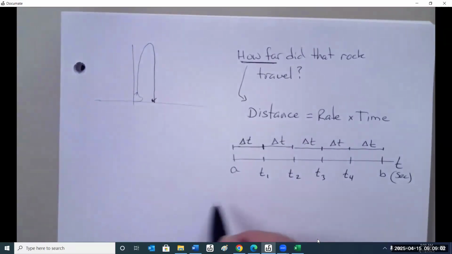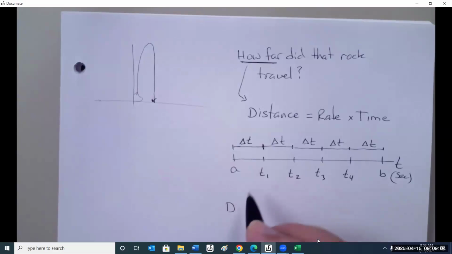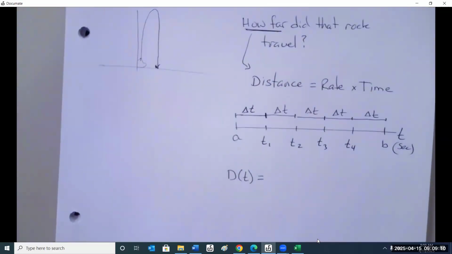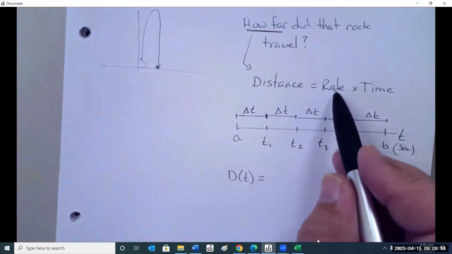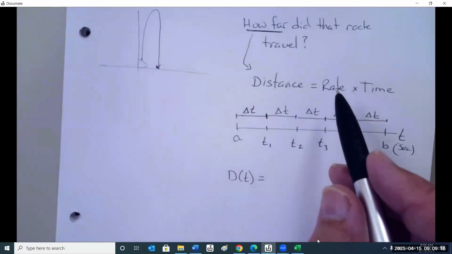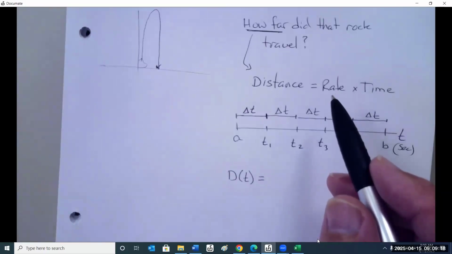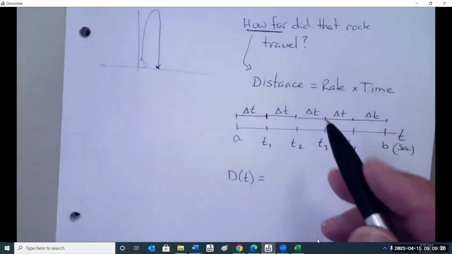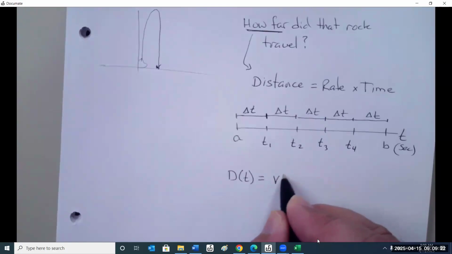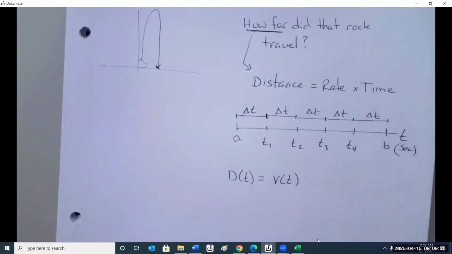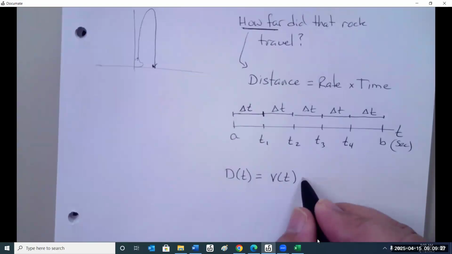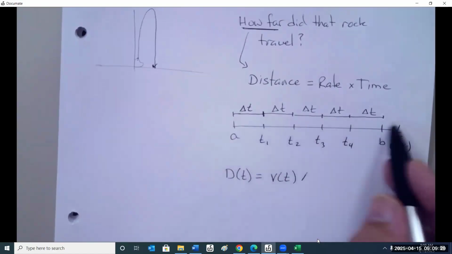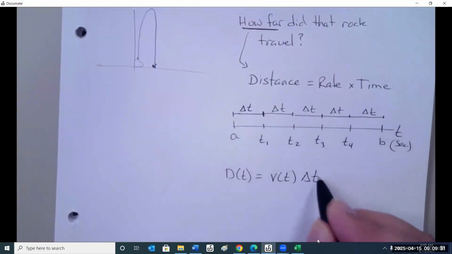So then what would distance be? Distance is a function of time. Rate is the same thing as speed. The rate is how far something traveled over a unit of period of time, which is velocity. And since each of our times are the same, we multiply it by delta t.